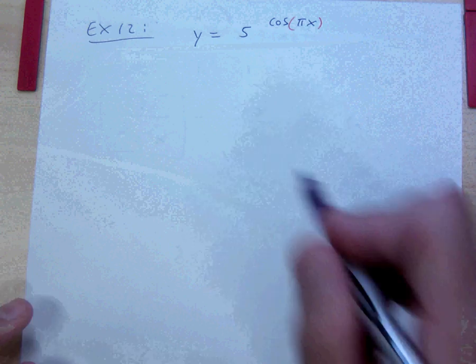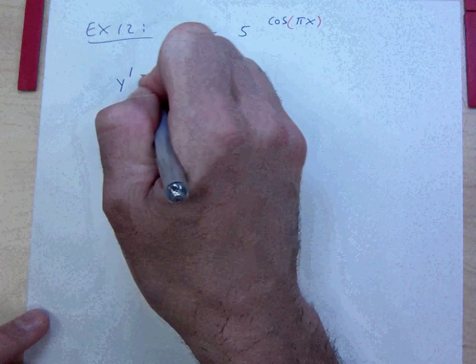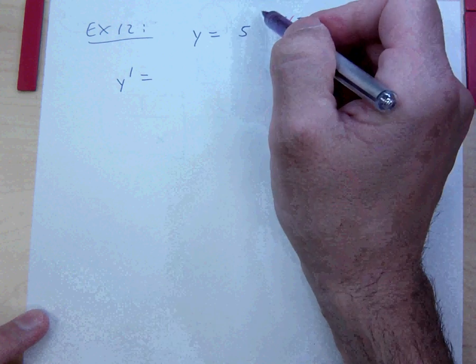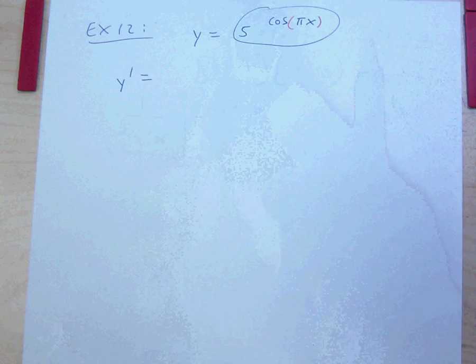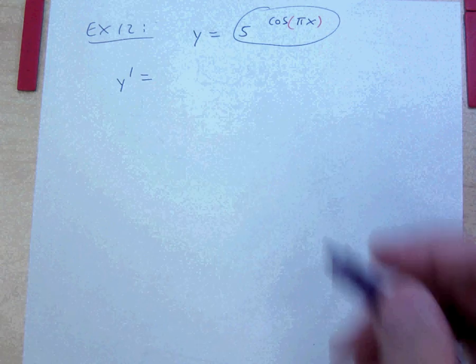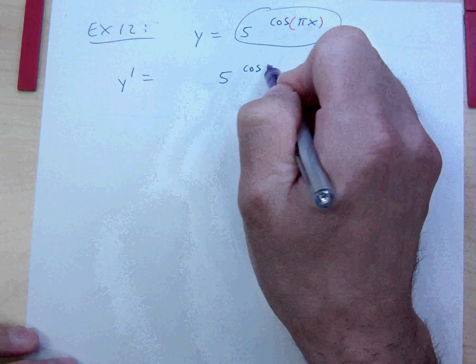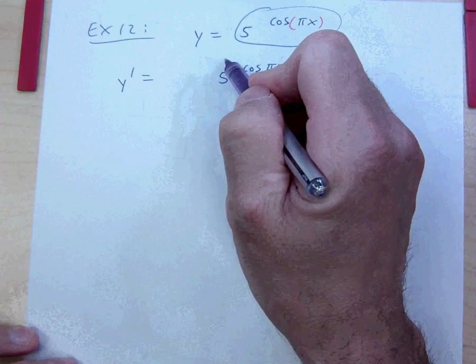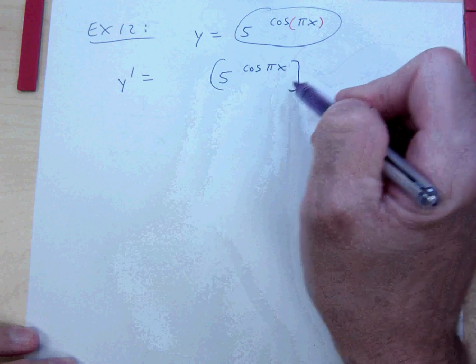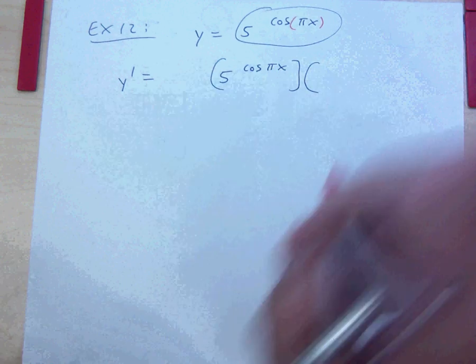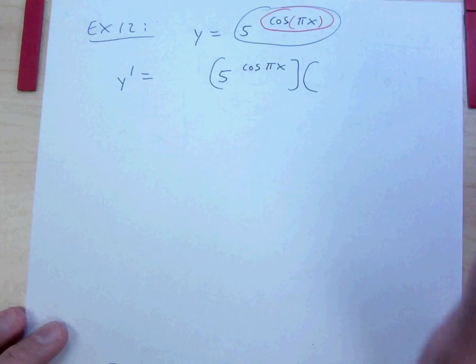So you start by taking the derivative of that, which is the a to the u. So the derivative of a to the u is a to the u in the middle. So just recopy it the way it is. And then the next thing I would do is multiply that by the derivative of the inside. And when you go to take the derivative of the inside, you run into another composition, don't you?